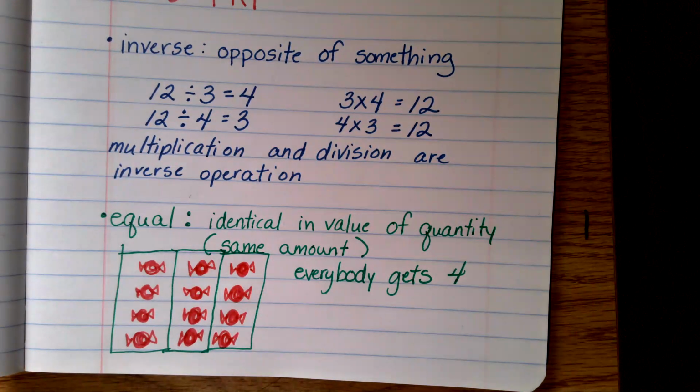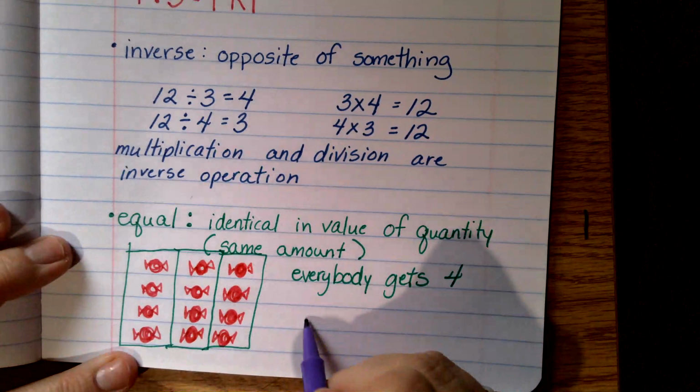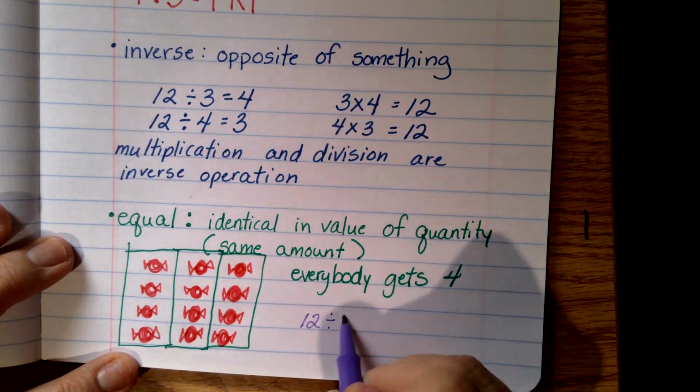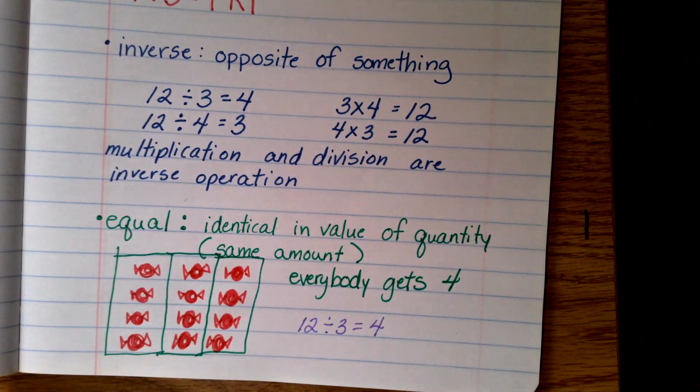It's the same quantity. Nobody gets more, nobody gets less. If we wanted to divide it by 3 or divide by 4, then we could make different groups and everybody would get 3. So on this one, 12 divided by 3 equals 4. There aren't any leftovers. Nobody's getting more than anybody else. Okay, I hope that helps with the vocabulary.